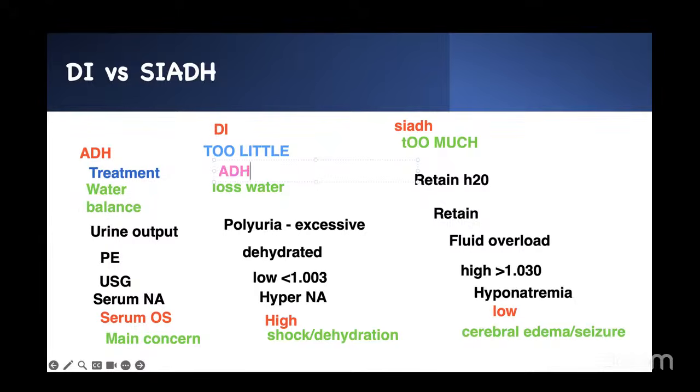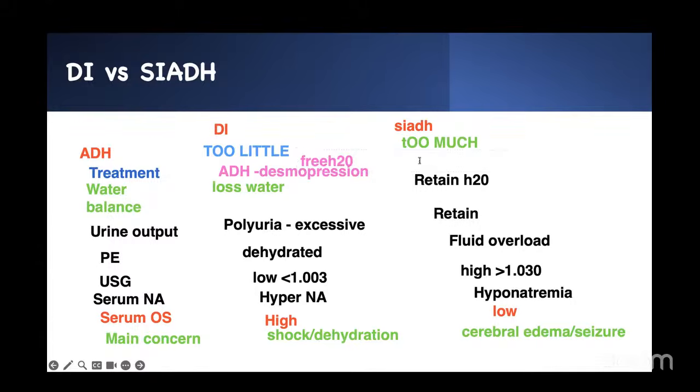Unfortunately, there's no ADH, so they get desmopressin. And then you rehydrate them. Rehydration means you give them fluid, right? You give them back the fluid. So they need free water, not sodium, or half normal saline, right? Free water or half normal to dilute their sodium.